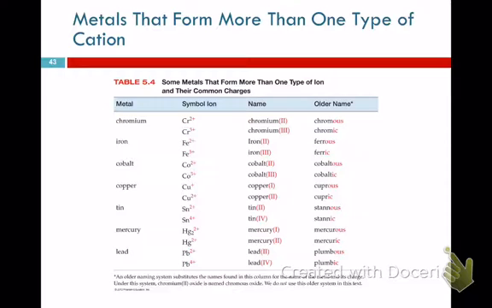Oxide is what? O2 minus from the periodic table. IDE means it's monatomic. You just go straight to the periodic table again. Okay, so now, if it's bismuth 3 oxide, then how many bismuths do I need for every oxide? I need 2 of these for every 3 of those. Again, the cross multiply trick. Again, I'm taking this number, bringing it down here, this number, bring it down here. They call it the crossing rule. I don't even know if that's an official name, but that's what we call it.